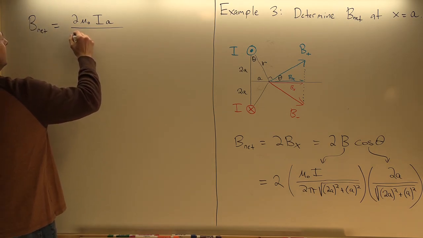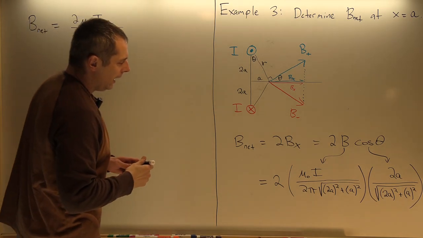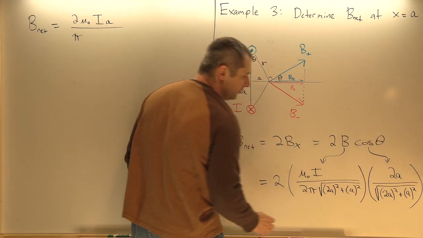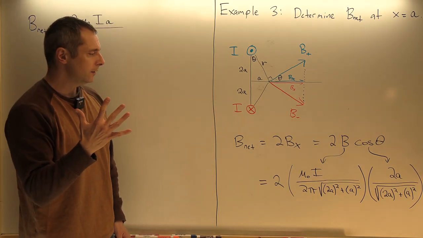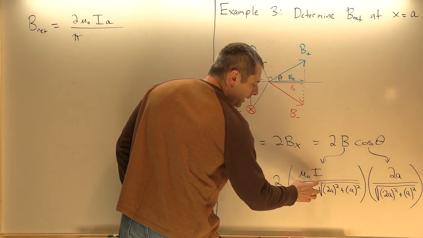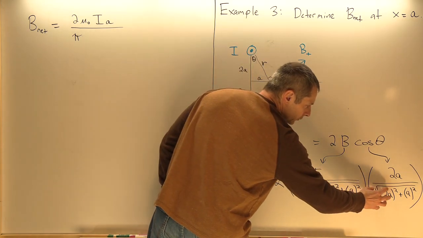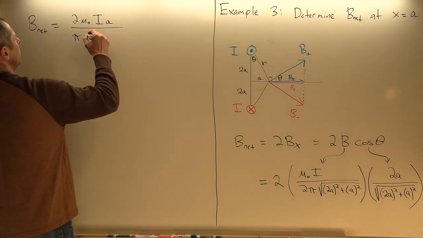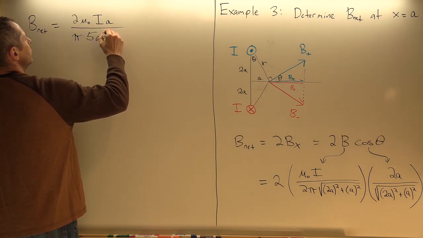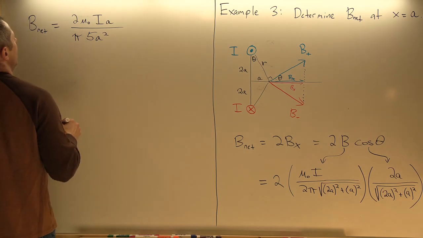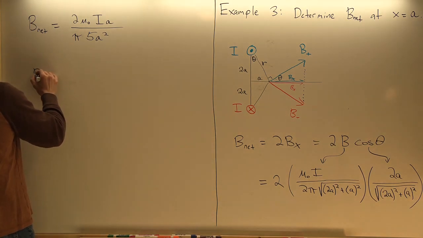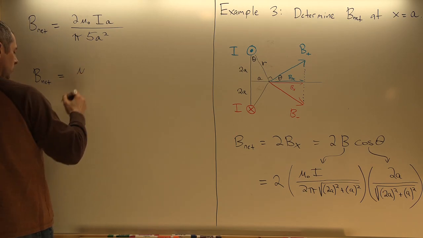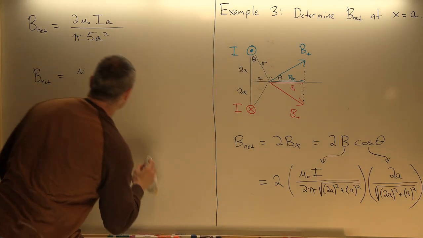So we'll leave that there. And then what we have under the radical is 4a squared plus a squared, which is 5a squared, square root. But what we have is square root of 5a squared times square root of 5a squared, which just gets rid of the square root. So we have 5a squared like that. One of the a's cancels. Got the 2.